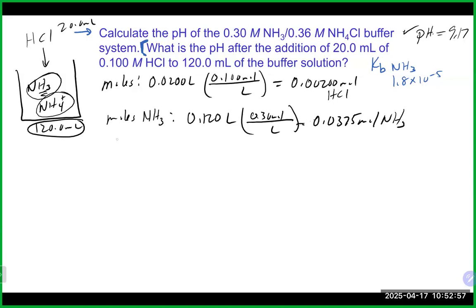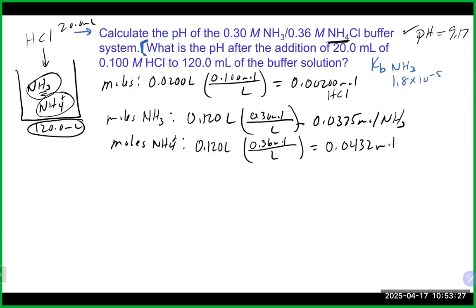We'll do lastly the other one, moles of the NH4 plus. Again, this is the only source of NH4 plus here. That's 0.12 liters times our 0.36 moles per liter. And 0.12 times 0.36 gets us 0.0432 moles of NH4 plus in this case.